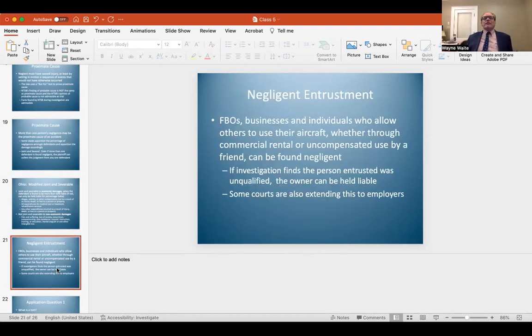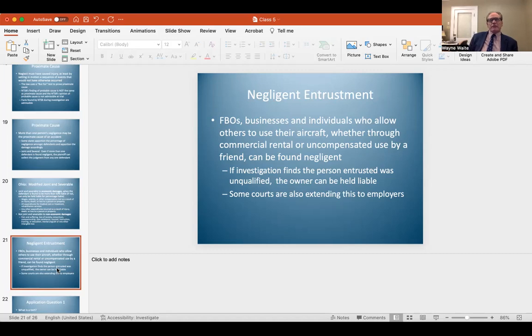What about the case of negligent entrustment? Unfortunately, I did have an aviation case, a private case, where a young man jumped into his father's aircraft and was not in good shape.